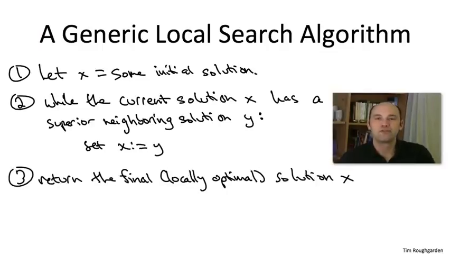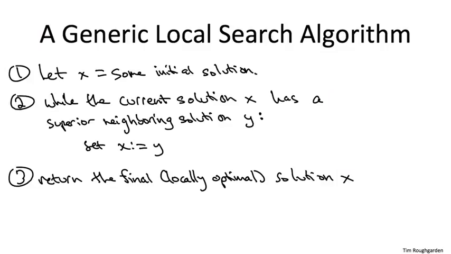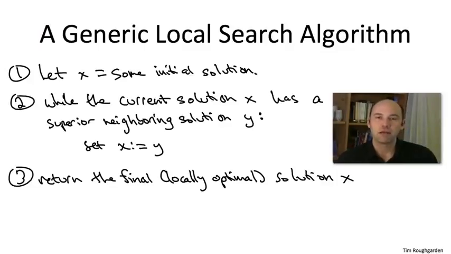Our local search algorithm for the maximum cut problem that we discussed last video is in fact an instantiation of this generic procedure, where the set capital X of all solutions is just the cuts of the given graph, and two cuts are defined to be neighbors if and only if you can get from one to the other by moving a single vertex from one group to the other. In that algorithm, as we are here, we just started from some arbitrary solution, some arbitrary cut.